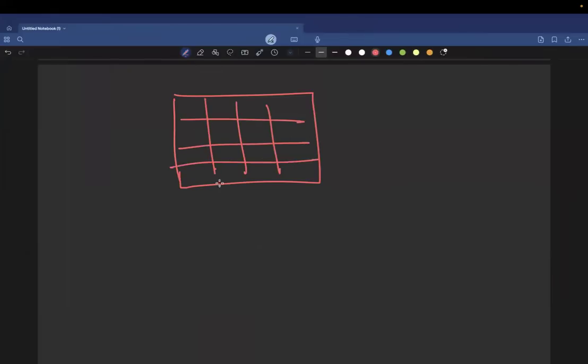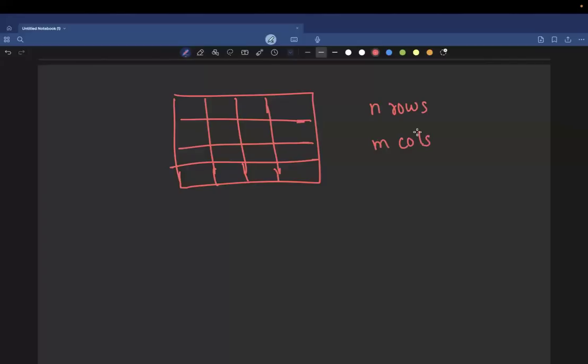So the game says that there is a grid or a matrix, whatever you say, with n rows and m columns.